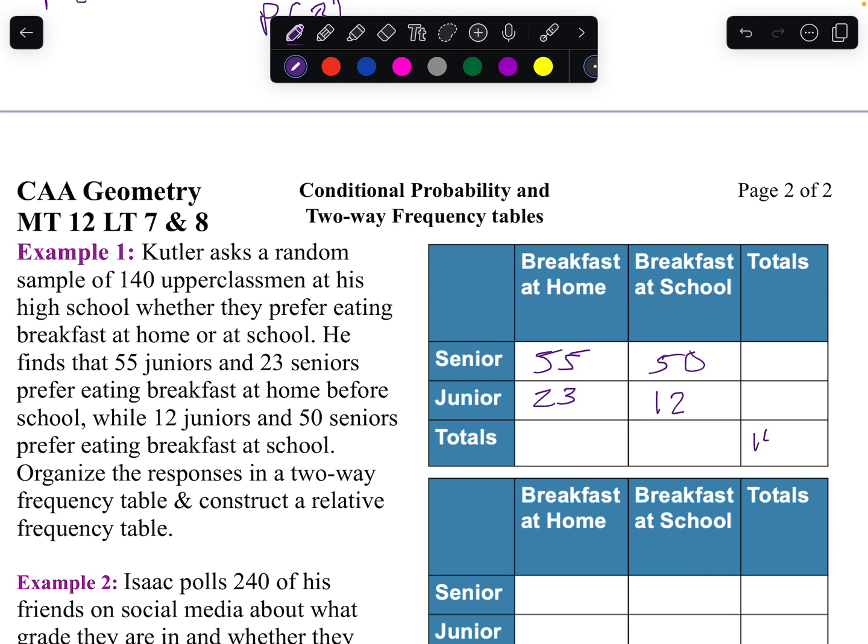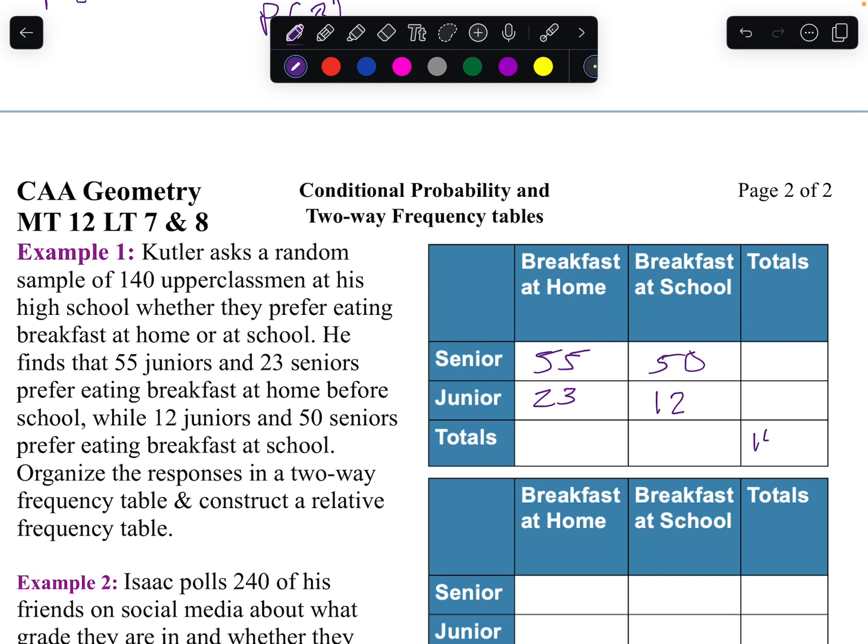So I get 78 people like to eat at home, and 62 like to eat breakfast at school. Notice if I add 78 and 62, I get 140. There were 105 seniors, and there were 35 juniors.